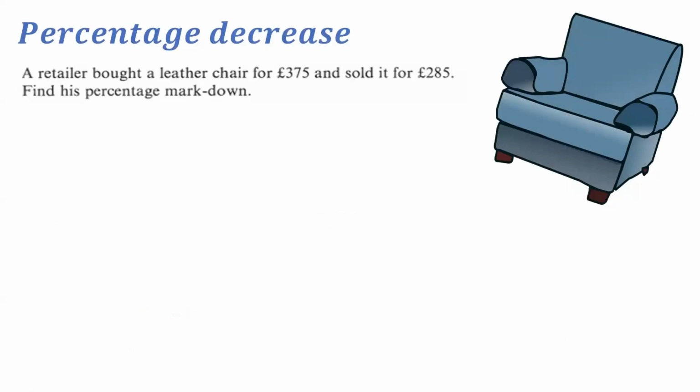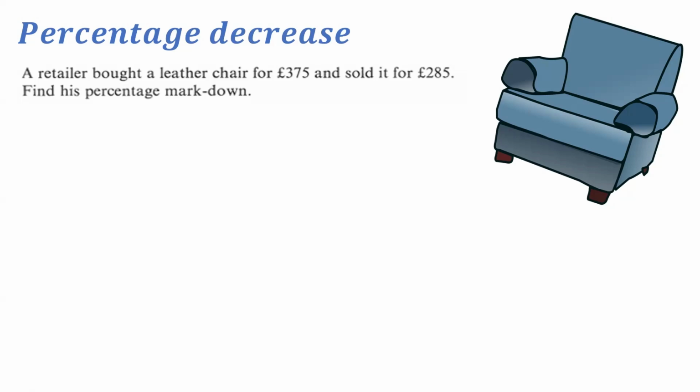Okay. Now let's see the other term, percentage decrease. How are we going to deal with this? A retailer bought a leather chair for 375 pounds and sold it for 285 pounds. Here you can see the retailer bought a chair for 375, but when he was selling this, he sold it for 285.